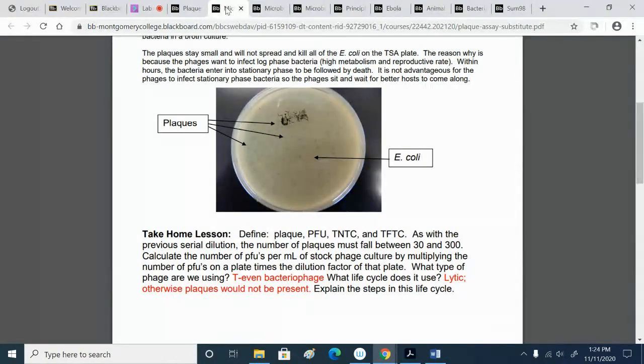Would there still be a full plate of agar? Oh yeah, the agar is there, but what would you see on the plate?